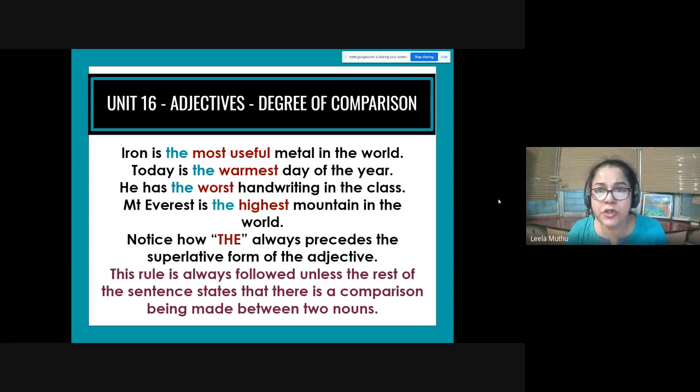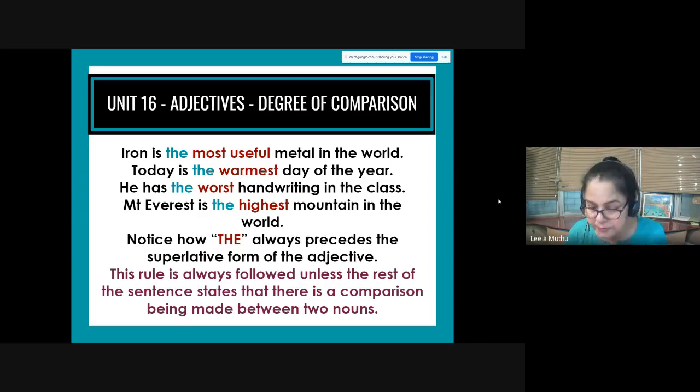You're still using the article "the" before it, but because you're saying the word two, you are using the comparative form of the adjective, which is sweeter, better, instead of sweetest and best.